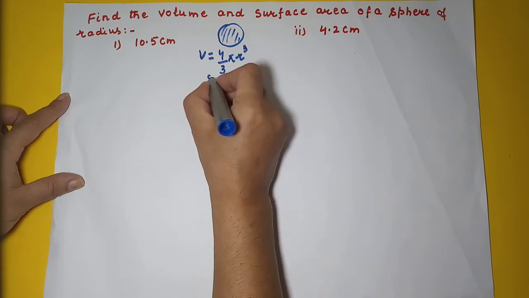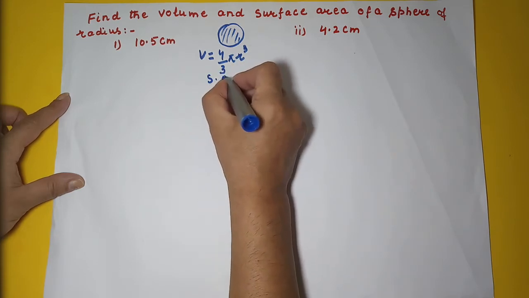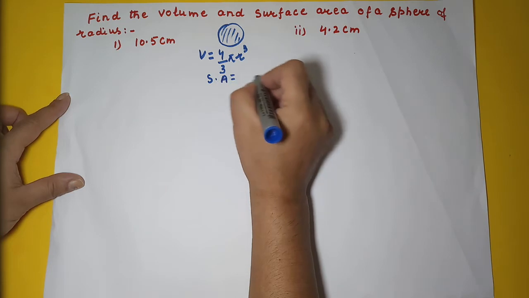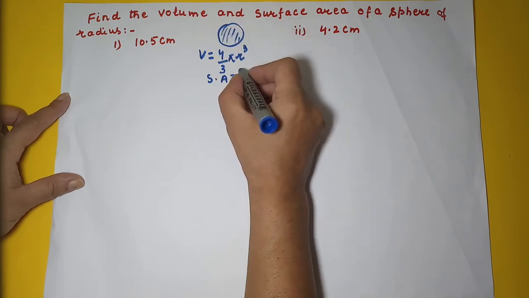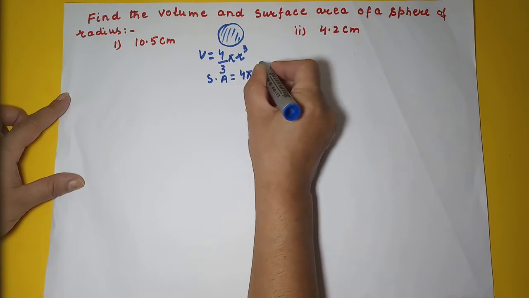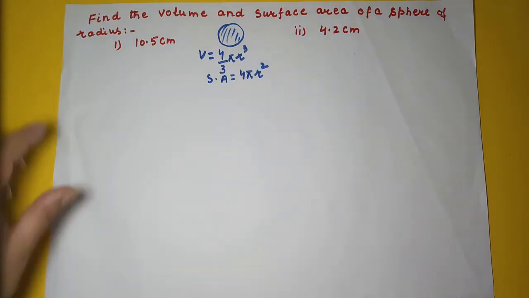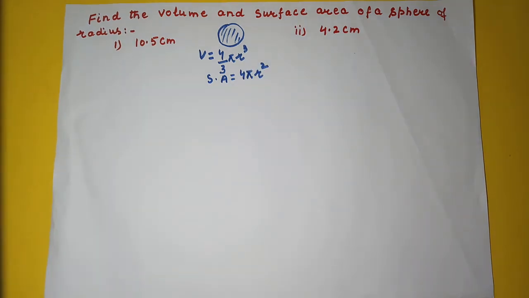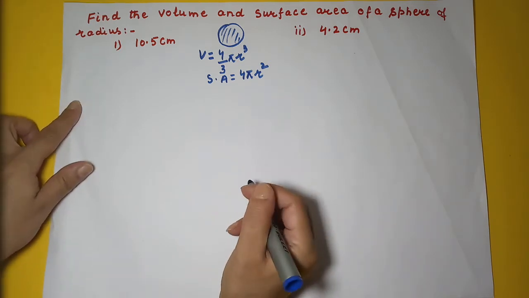It has only one surface, which we have already discussed, and the surface area of a sphere is 4 pi r squared, right? Now, based on this, we are going to solve the questions given to us, and find the volume and surface area of the sphere whose radius is given to us.